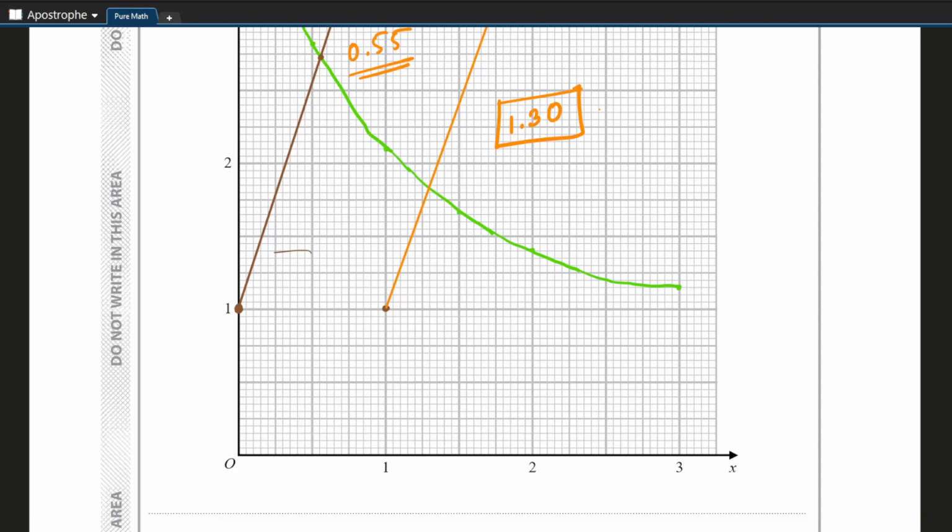According to the mark scheme, if your value is between 1.2 and 1.3, you will get full marks. So yeah, I think I got that value.